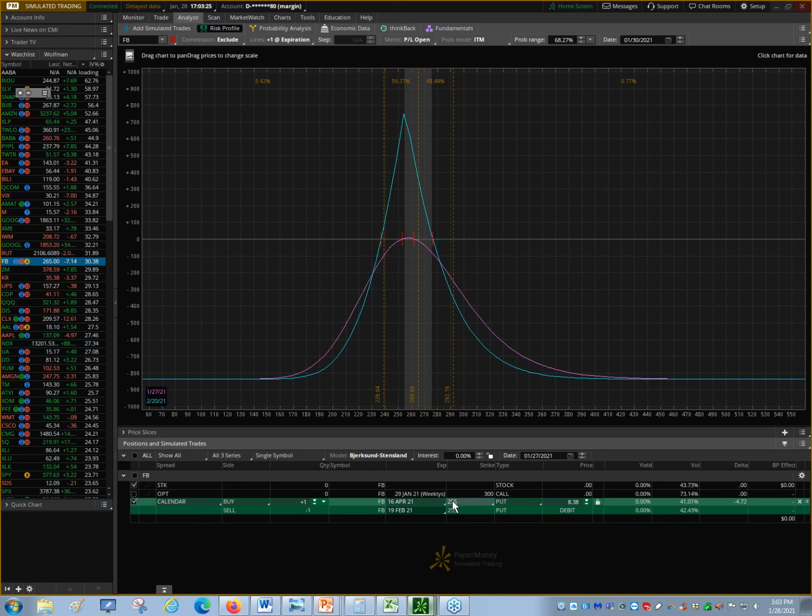But the problem with this is it's hard to determine your break even, because volatility expanding and contracting at different rates in the different months will make it more difficult to discern what your break evens are.